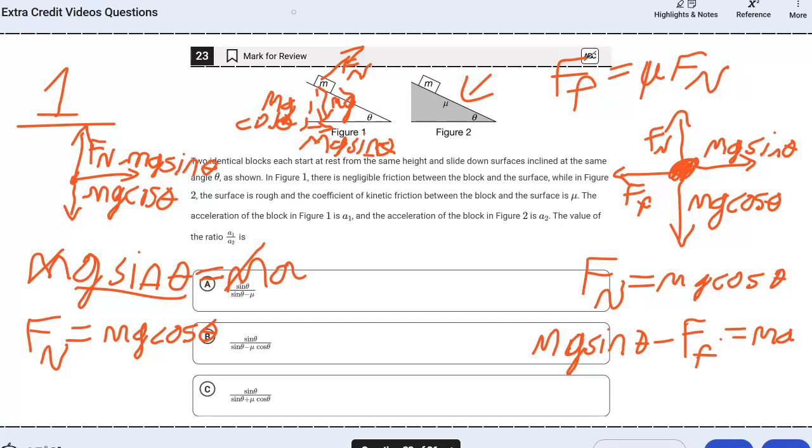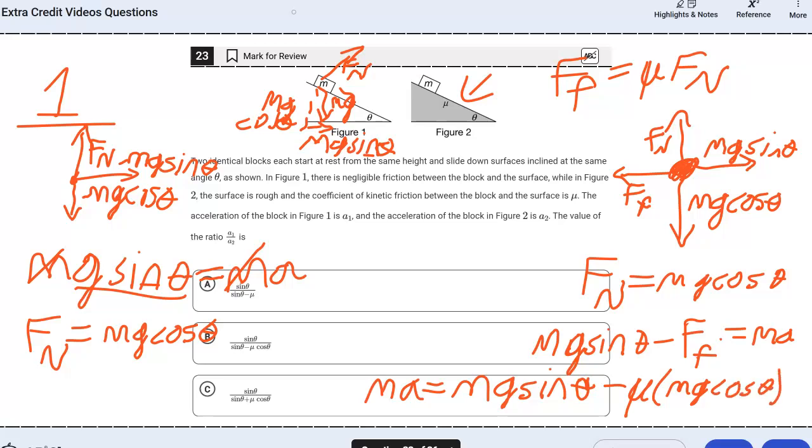So ma equals mg sine theta minus mu mg cosine theta.